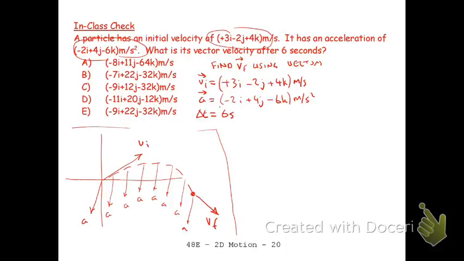I suppose I could have said, at t equals 3 seconds, the particle has a velocity of this, and what is the velocity at 9 seconds? And then you'd have to know not to use the 9, because I didn't tell you about 0 seconds.